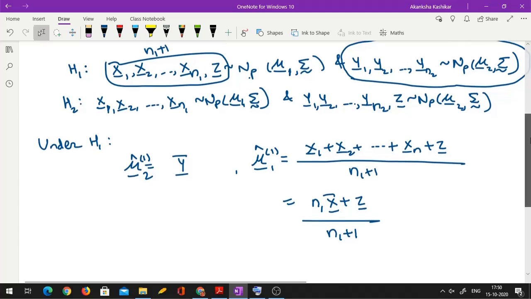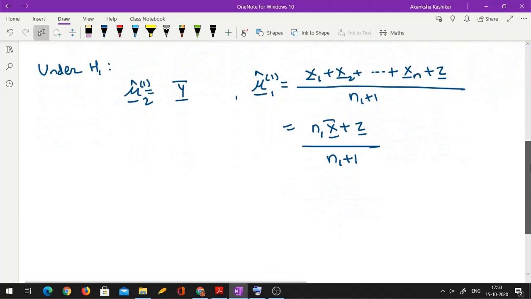Now we have to also compute sigma hat. Normally we know that when you have a common sigma, you have to take the CSSP matrices from both the populations, add them and divide by the total number of observations. Am I right?